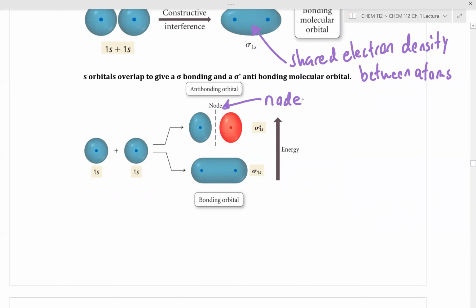There is no electron density sitting between our two atoms. That's why our anti-bonding is so high in energy, because our electrons are destabilized because they're not being shared between our two atoms. They aren't able to be stabilized by each of our nuclei as efficiently. Does that make sense to everyone? Anti-bonding is higher in energy, less stable.